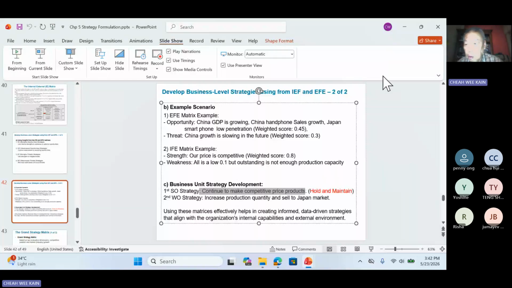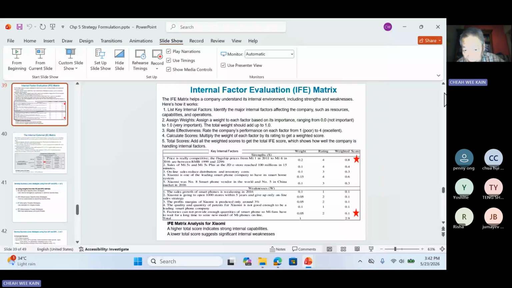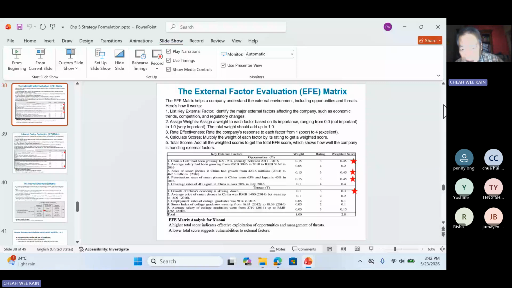Yes. So what should you do now? This is a practical class. What I want you to do is go back home. Okay, maybe most of you are home now. Draw some internal factor evaluation. Draw some external factor evaluation. Just add a 3 or 4 rating, add up to 1, put the rating correctly, right?